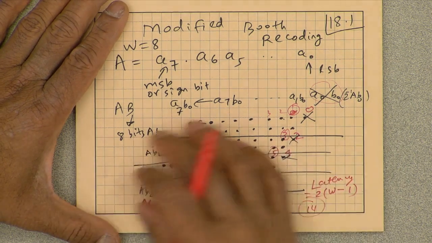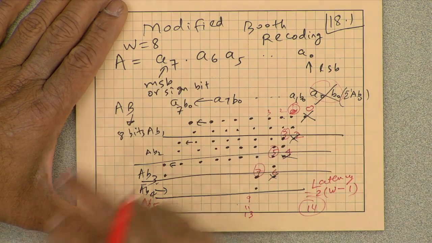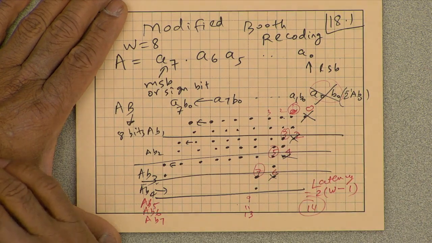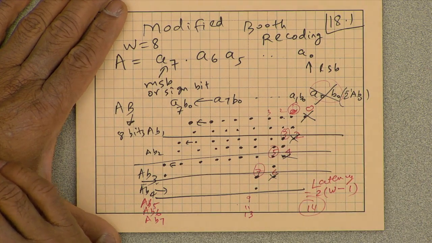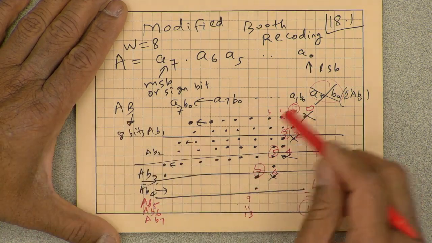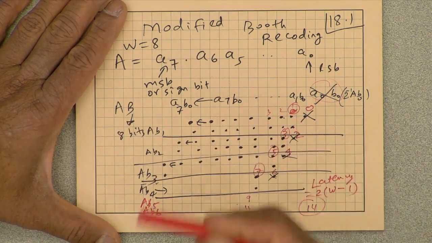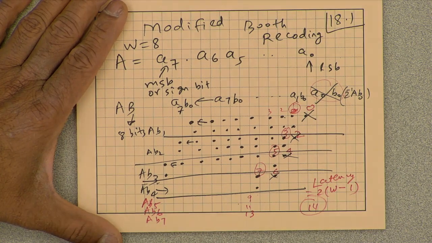If the word length is 8 bits, 8 things to add can be added by 7 adders, because the first 2 are by 1 adder and then by 7 adders. So that's 2 times W minus 1.